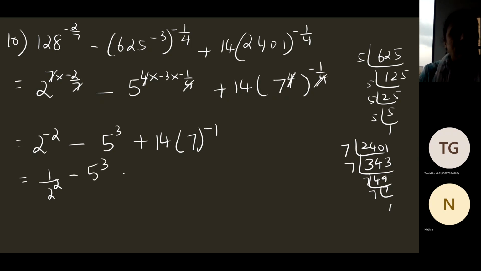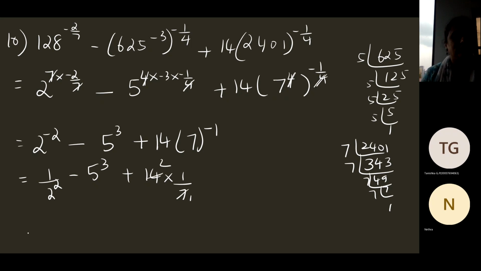Minus 5 cubed as it is, plus 14 into 1 by 7, because 7 by 1 reciprocal is 1 by 7. Minus 1 becomes plus 1, so you don't have to write the 1. Now again you can cancel this.